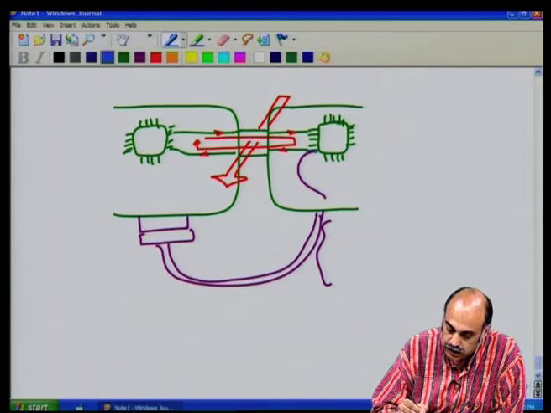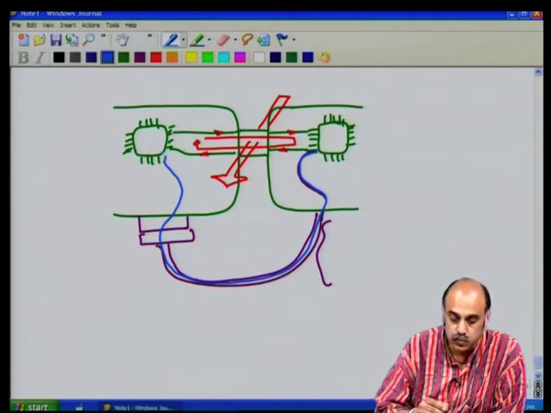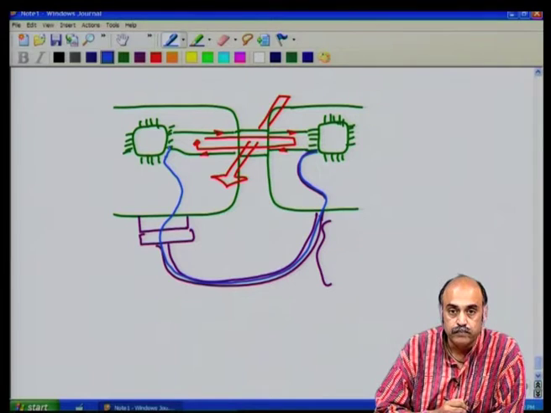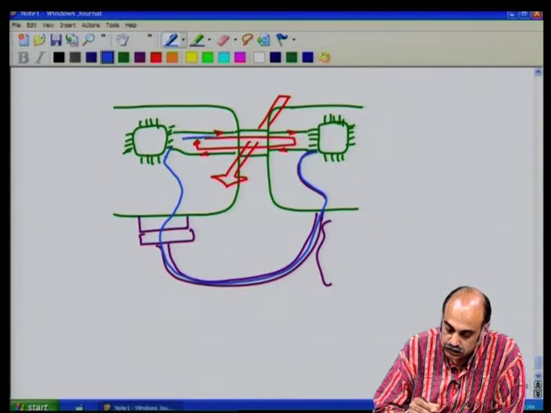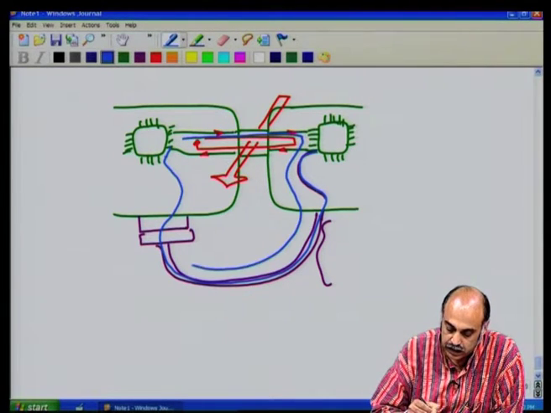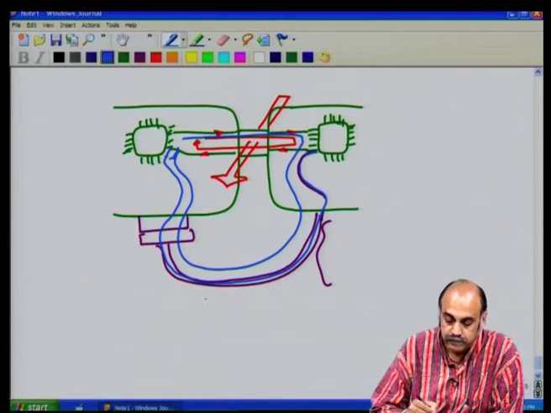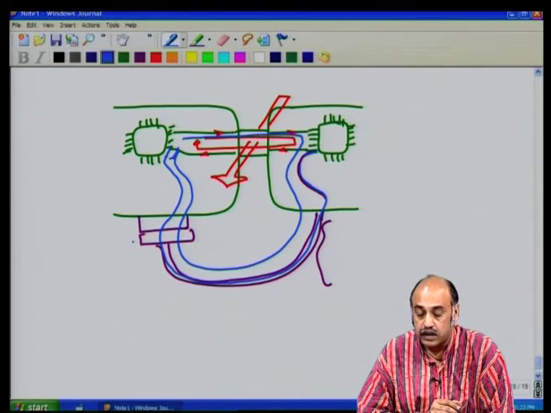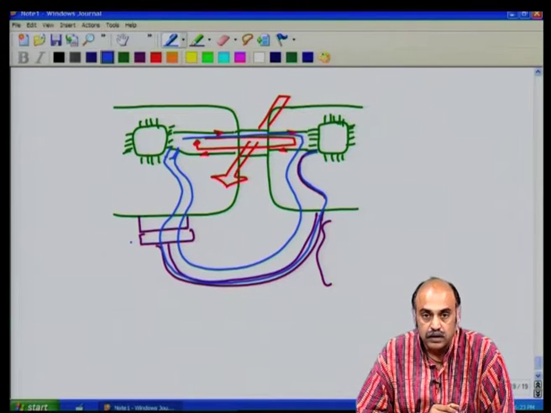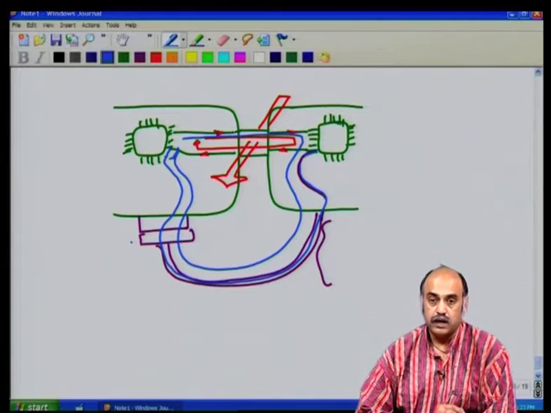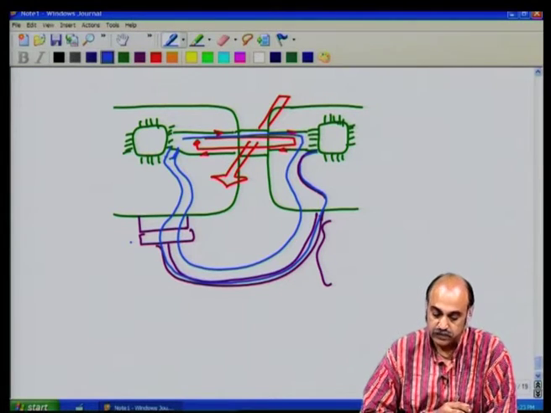There can be a return path from here, which goes through here like this and returns to a ground here. Now, this is a pretty big loop area, and even a small current which flows through this undesired path can cause havoc to other circuits and may also not pass the electromagnetic EMI specifications.